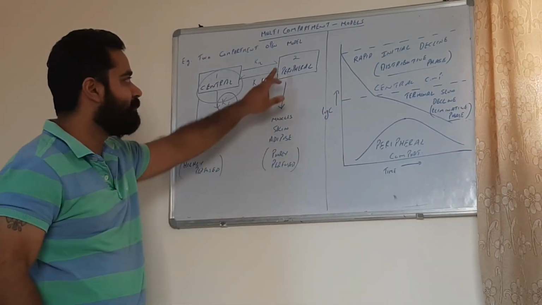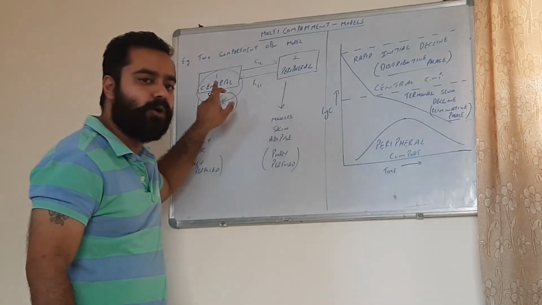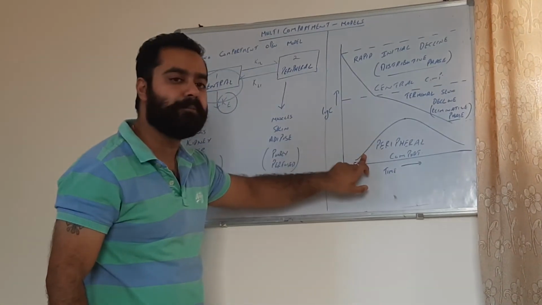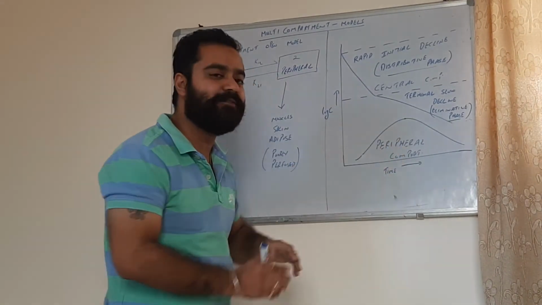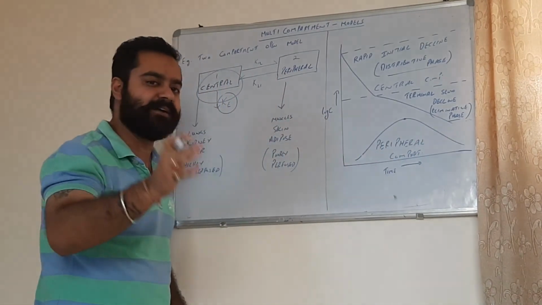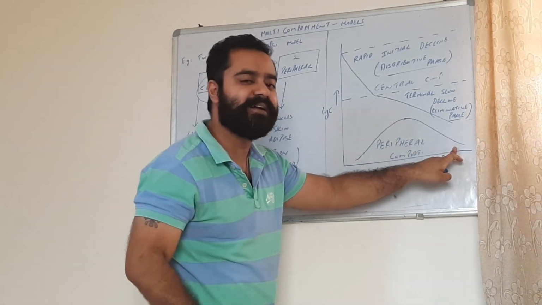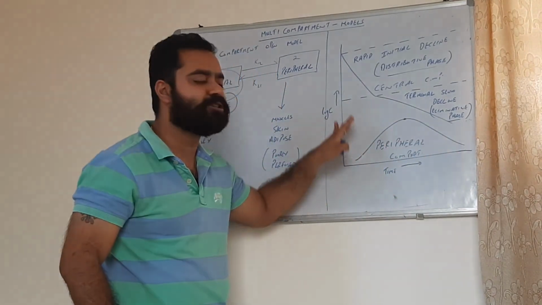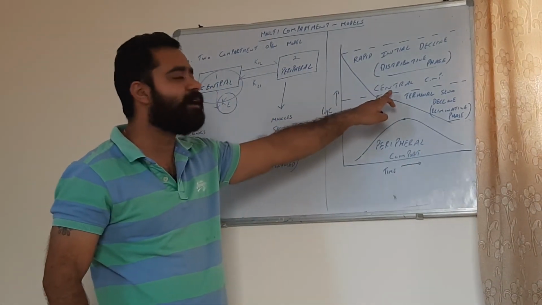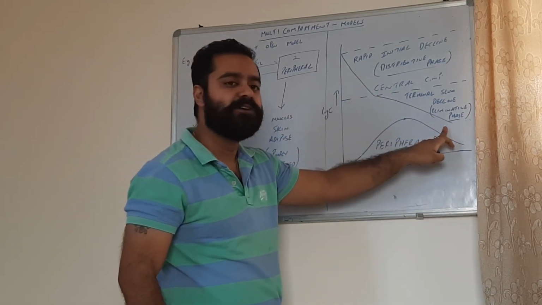The peripheral compartment receives drug from the central compartment, so the concentration in the peripheral will slowly rise, reach a maximum point, which we call Cmax, at Tmax, and then decline at a constant rate. So this is the post-absorption phase in the peripheral compartment, while in the central compartment we see an initial rapid decline followed by a terminal slow decline.